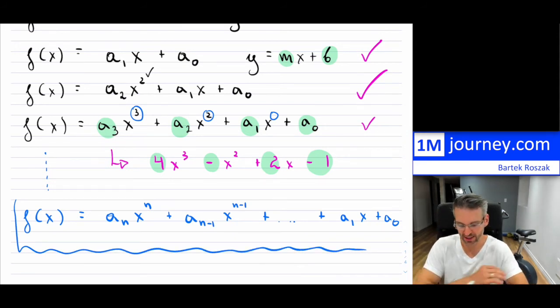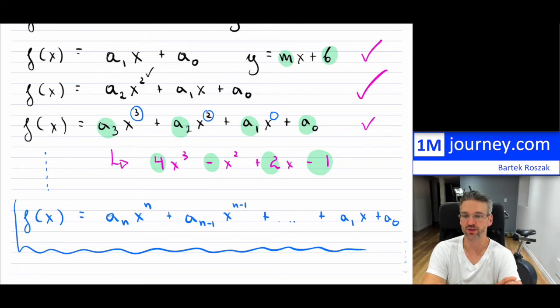Now, for these particular polynomials, if you're thinking of the domain and range, the nice thing is that the domain you don't really have to worry about because we don't have any denominators. So every value of x is fair game. And because of that, it makes our life a lot easier.